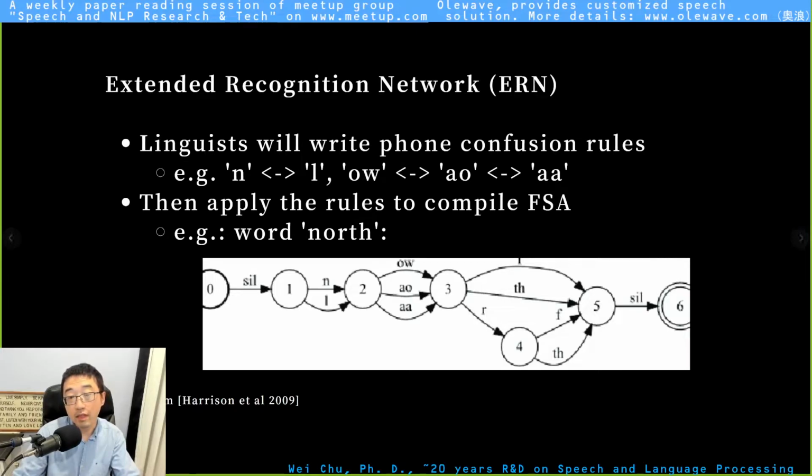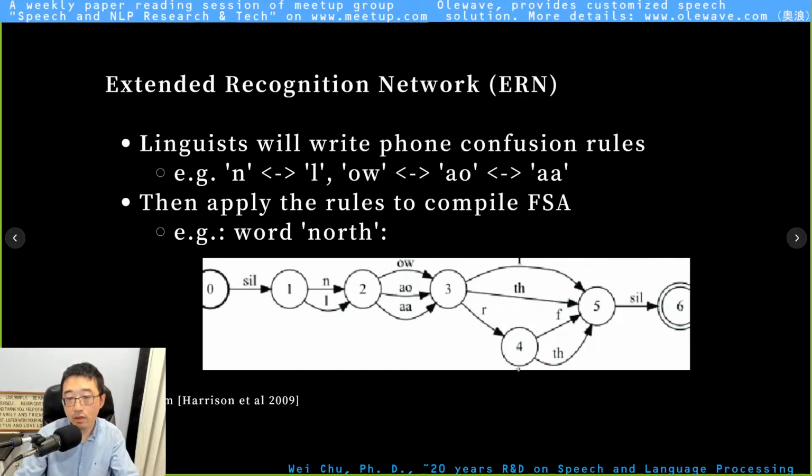And this is the setting of most speech acoustic model training, okay? But if you want to detect the mispronunciations, you just add the confusion rules to these arcs. For instance, suppose N can be mispronounced as L. You add another arc here, and you add arcs of OW and OAA, right?